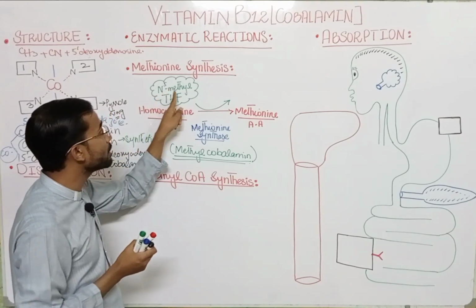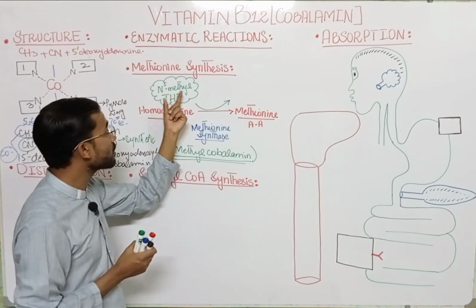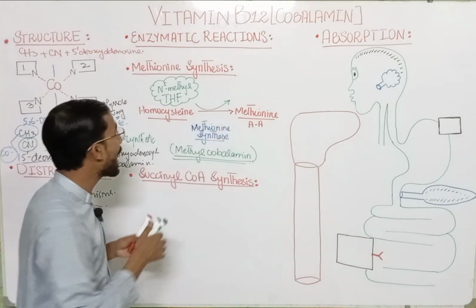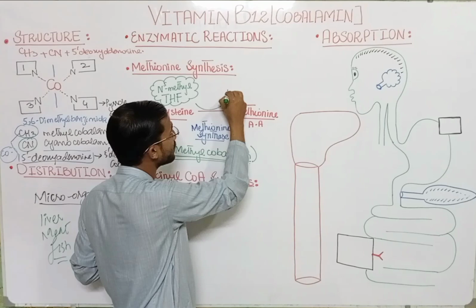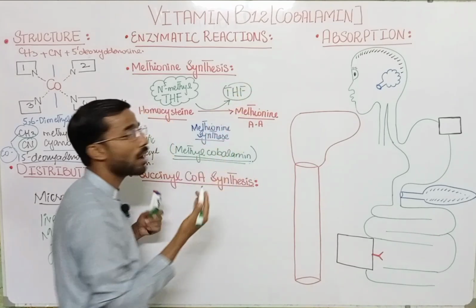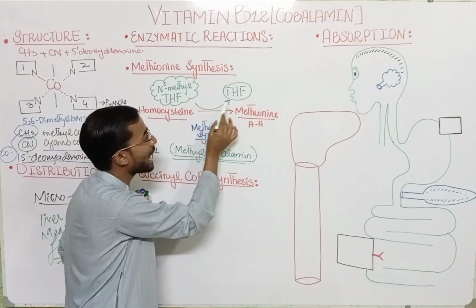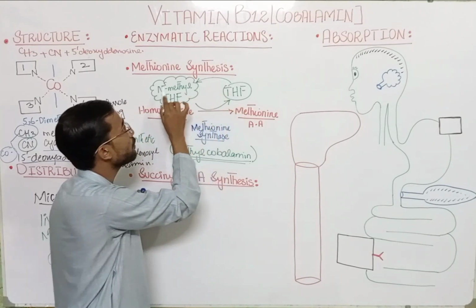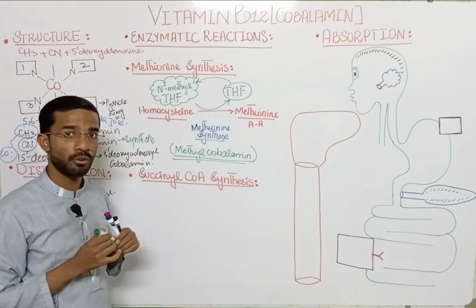N5-methyl tetrahydrofolate transfers the methyl group to homocysteine, which converts into methionine, and the N5-methyl tetrahydrofolate converts into tetrahydrofolate. Then tetrahydrofolate converts again into N5-methyl tetrahydrofolate.